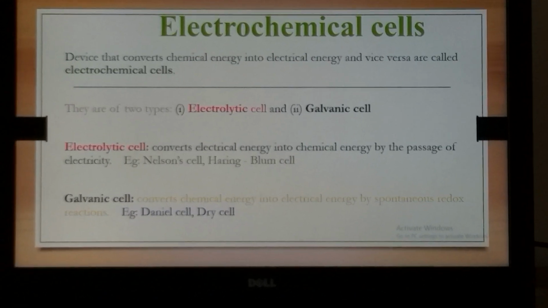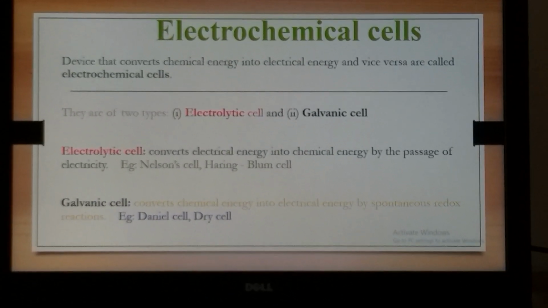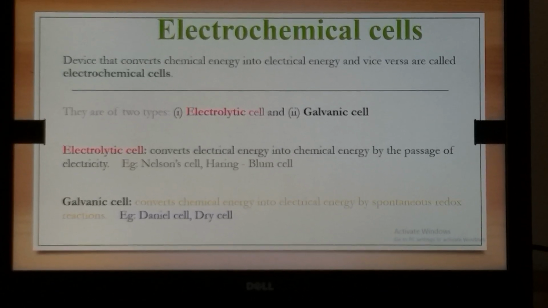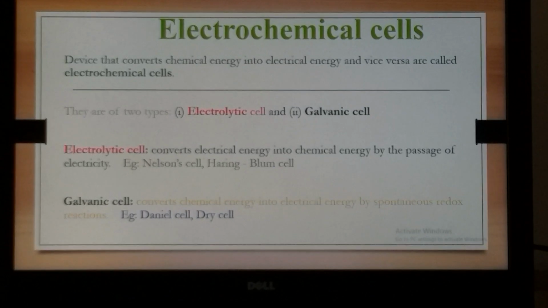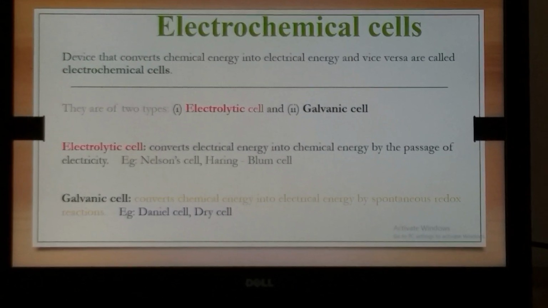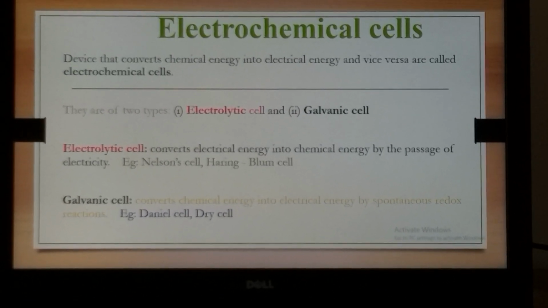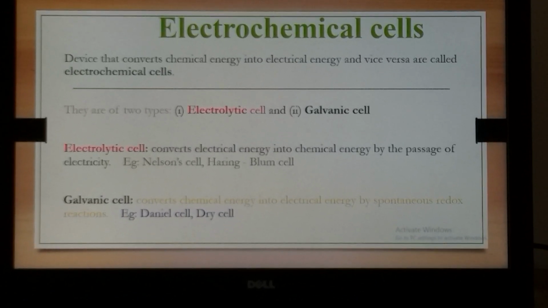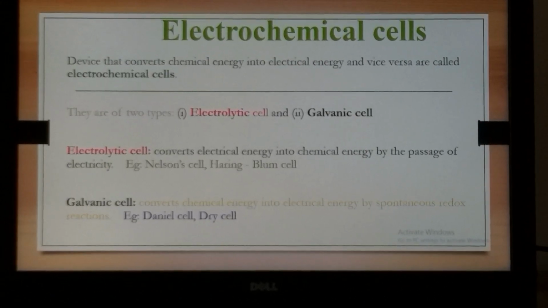Whereas the galvanic cell is one that converts chemical energy into electrical energy by spontaneous redox reactions. The examples of galvanic cells are the Daniell cell, which is a classical example of a galvanic cell, and the Dry cell or the Leclanché cell.